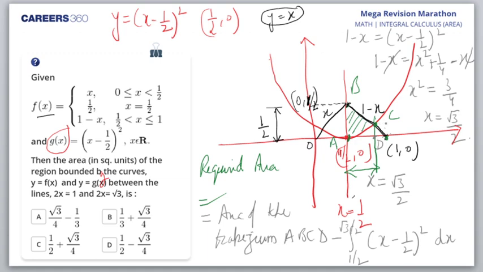CD would be whatever is the y coordinate of C. How do you calculate the y coordinate of C? If you put in 1 - x, the x coordinate, that is 1 - √3/2. This would be the length CD. I hope everybody understands.